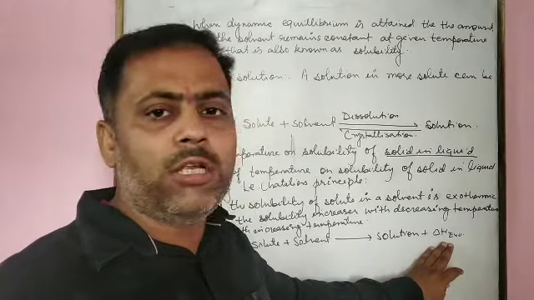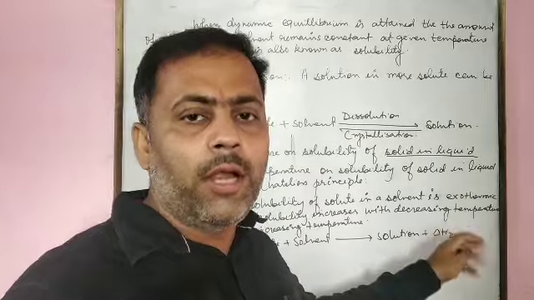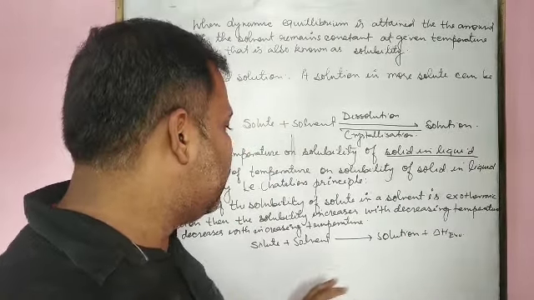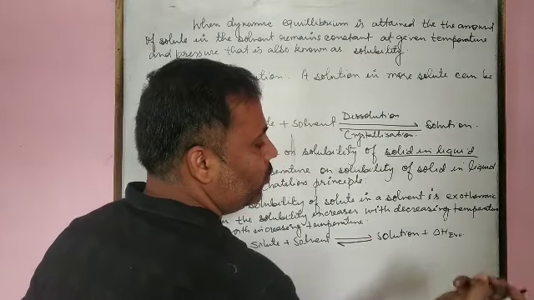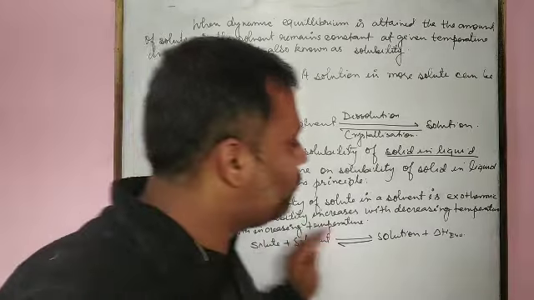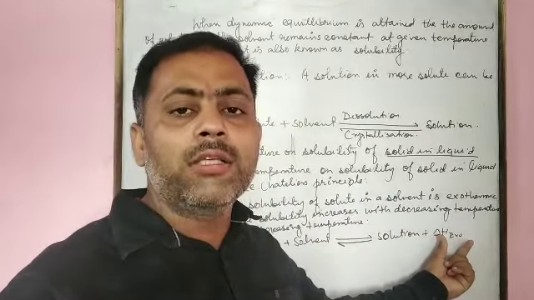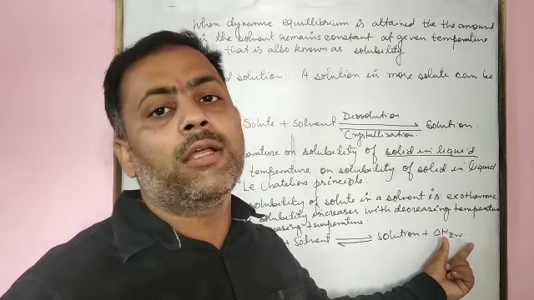We can remove the heat by decreasing the temperature. If this heat is removed, there is a change in this equilibrium. Heat is removed here, so the reaction will move in the forward direction to replace this heat, which was removed by decreasing temperature.